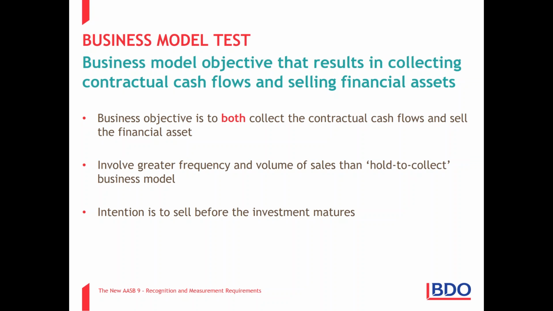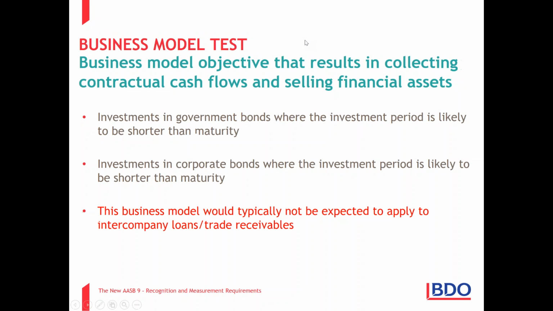And usually here, your intention is actually to sell this before the investment matures. So you're interested in principal and interest, you've passed that test. However, your business model is not necessarily just to wait right till the end. If prices move favorably, you could potentially sell it.